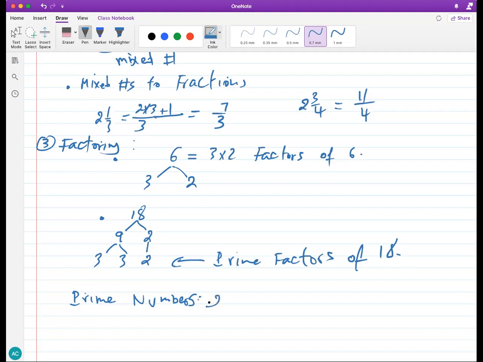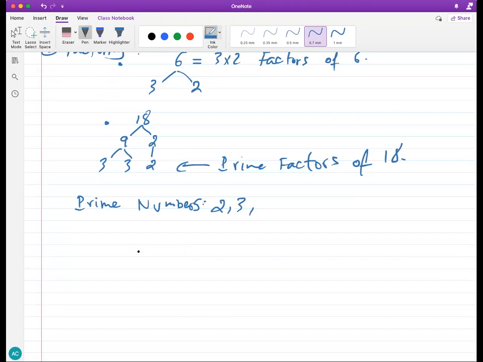For example, 2 cannot be broken down. 3 is a prime number. What about 4? Is it prime? No. Why not? It could be broken down by 2. Exactly. So 4 is not a prime.